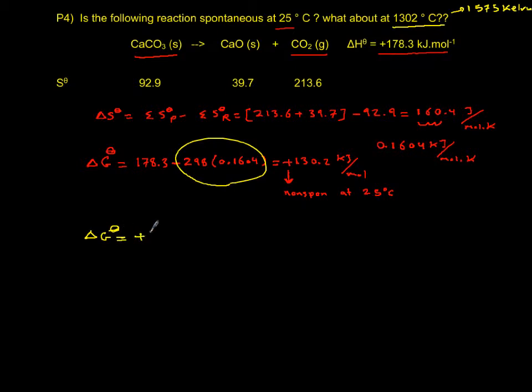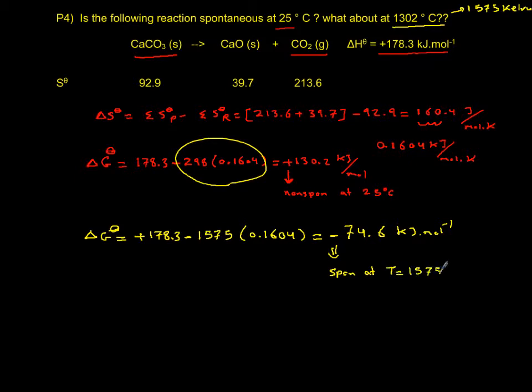So it's positive 178.3, that's your delta H, minus 1575 Kelvin times 0.1604. When we do this, we get negative 74.6 kilojoule per mole, and the negative is an indication that yes, it's spontaneous at this elevated temperature, 1575 Kelvin.